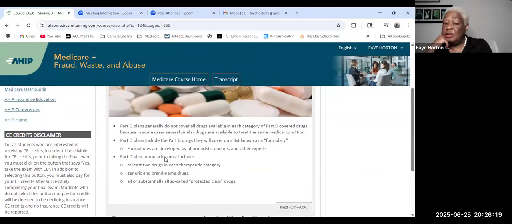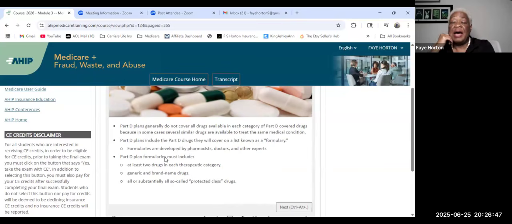Part D plans generally do not cover all drugs available in each category of Part D covered drugs, because in some cases, several similar drugs are available to treat the same medical condition. Part D plans include the Part D drugs that they will cover on a list known as a formulary.